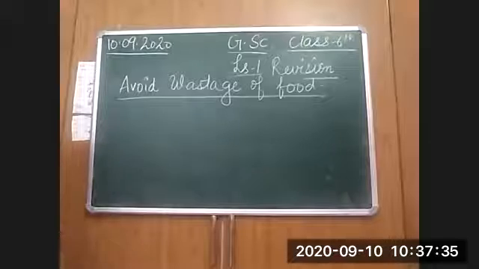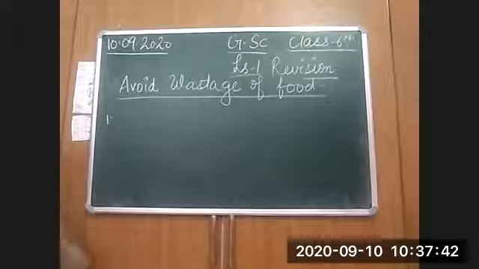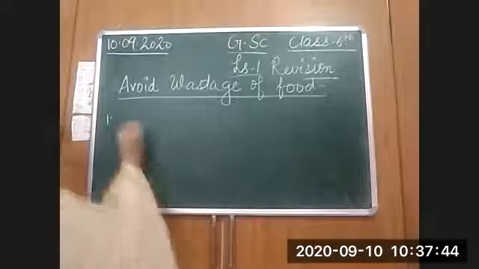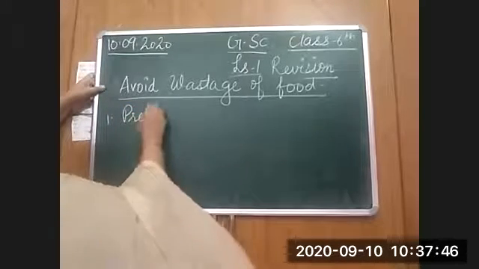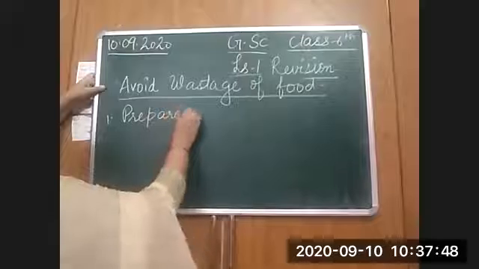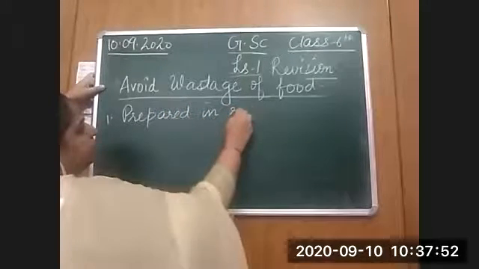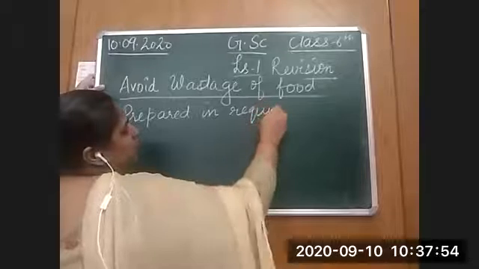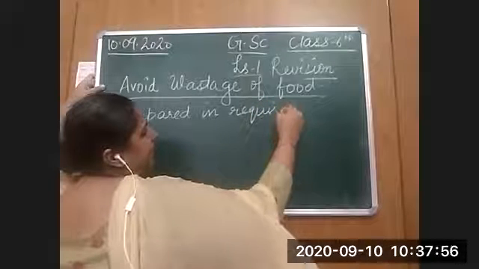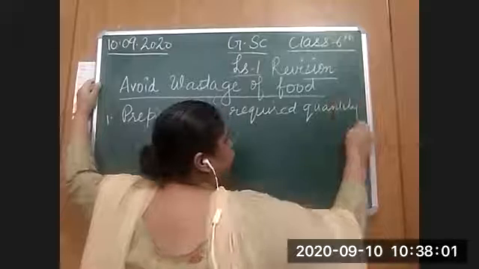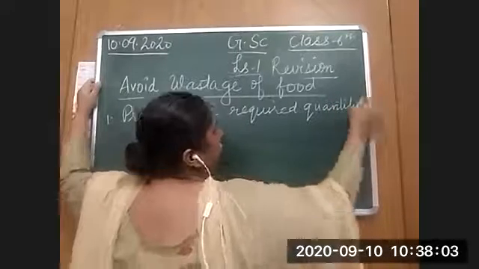Steps to avoid wastage of food. First point should be food must be prepared in required quantity. I am writing in very short form. Food must be prepared in required quantity. Make only as much food as is needed. No need to cook extra food.